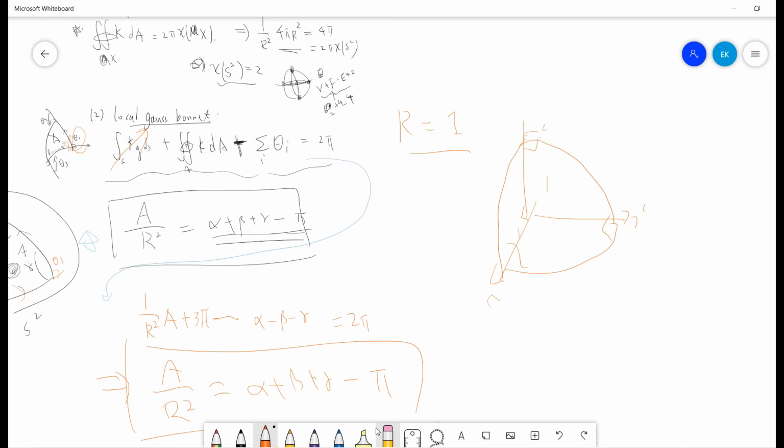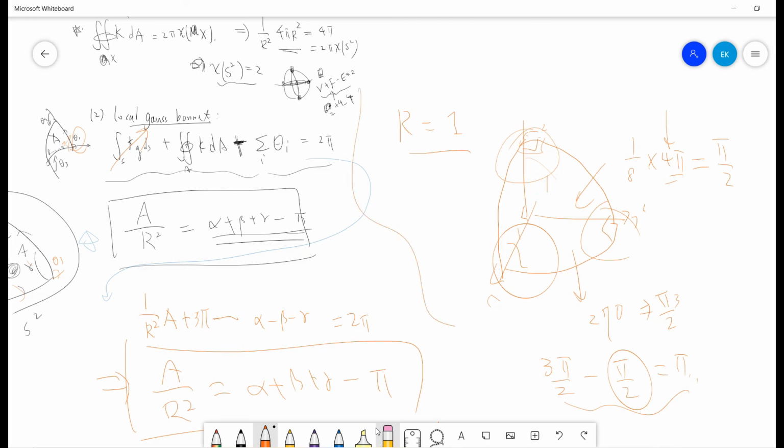Then this is an equilateral triangle, and the angle sum is 270 degrees, basically 3 pi over 2. So it's easy to check: 3 pi over 2 minus pi. The area is one eighth of 4 pi, where 4 pi is the total surface area, so it's pi over 2. So the formula works: the area is pi over 2, exactly 3 pi over 2 minus pi.